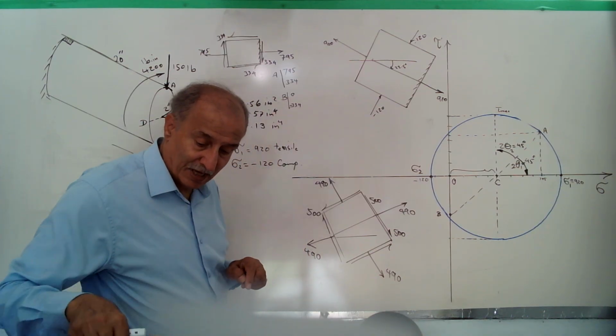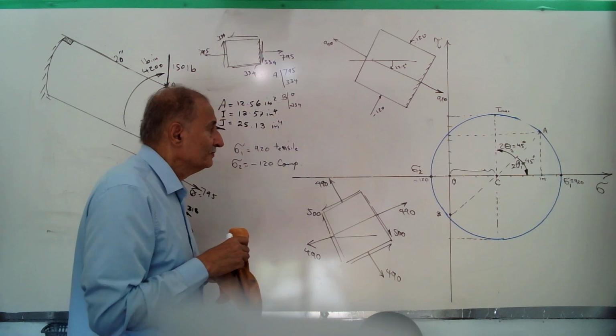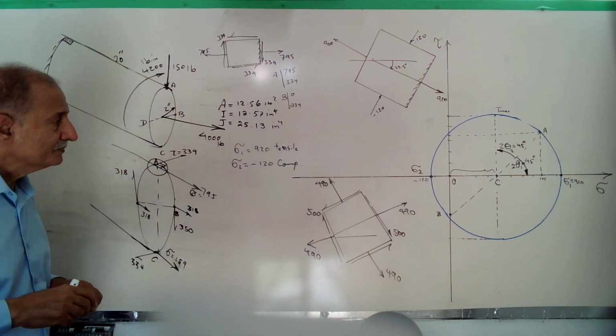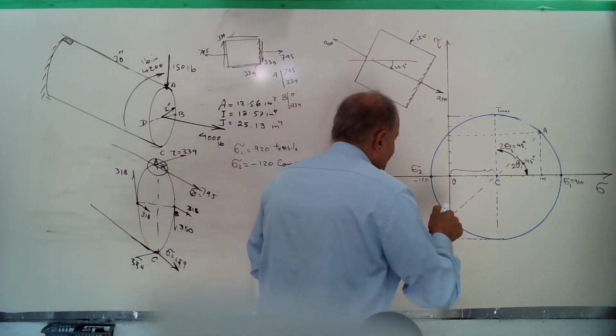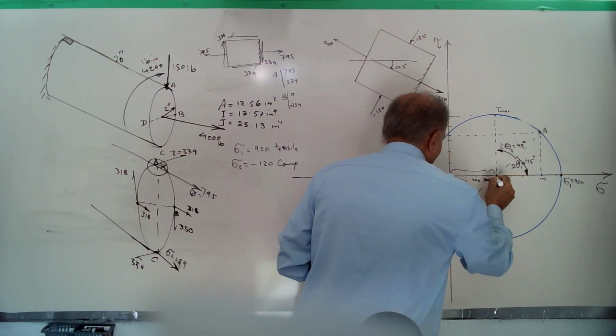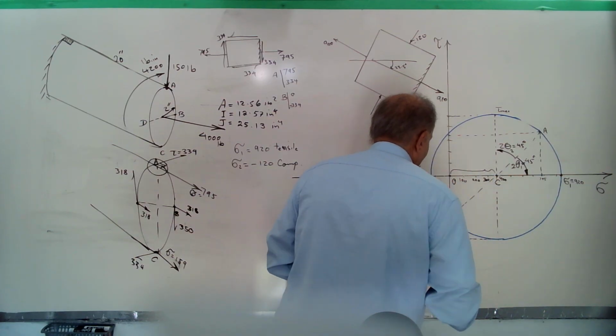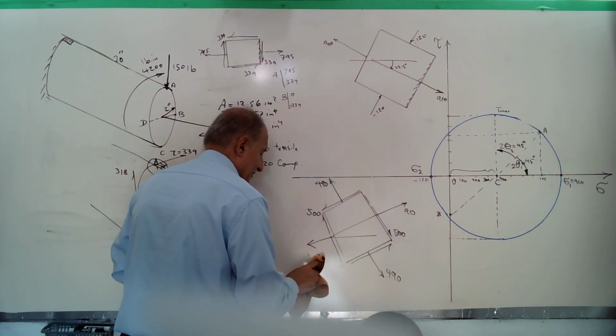Oh, this is 400, sorry. 318, 319, you can say.